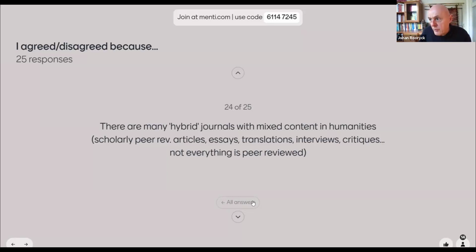You're not going to publish a critique that is full of expletives, for instance, or harsh language. This is something that you edit. This is something that you look at. Not everything is peer reviewed, indeed, but there are processes of curation and selection, I believe, in every publishing endeavor that is worth its name.